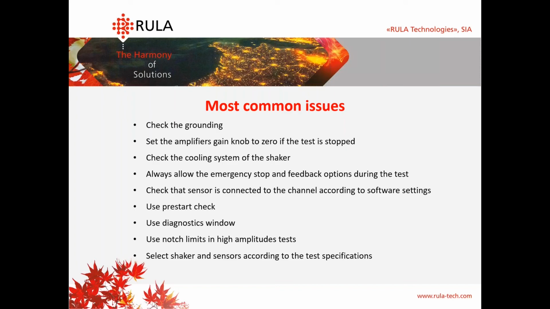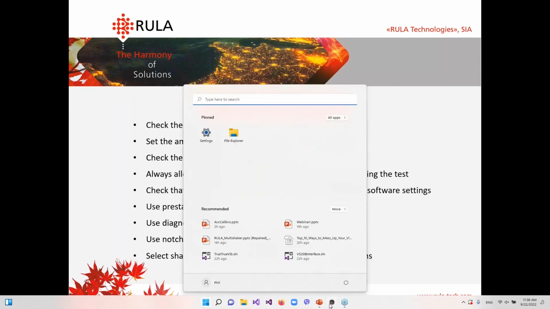What do you recommend in case there is a resonance during shock test? I think during the shock test, we have a special feature called filter. Let me show you in our software.